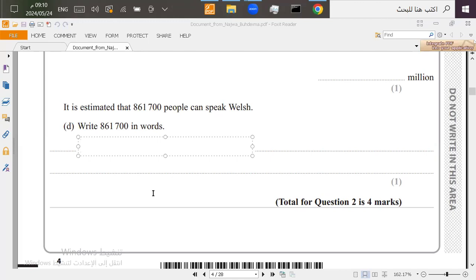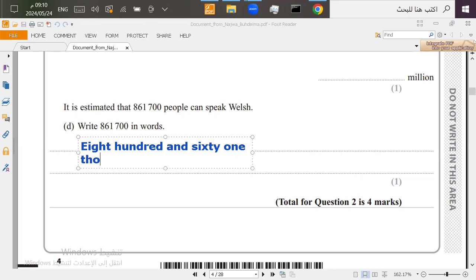So as I said, it's 861,000. So write it like this. 861,000, and then you can write a comma like this and write 700.